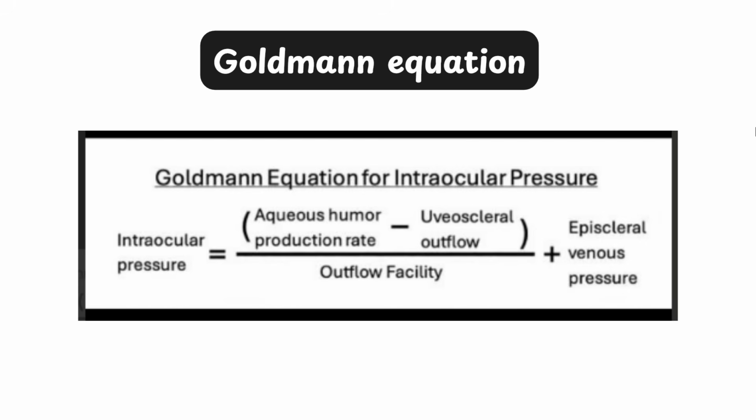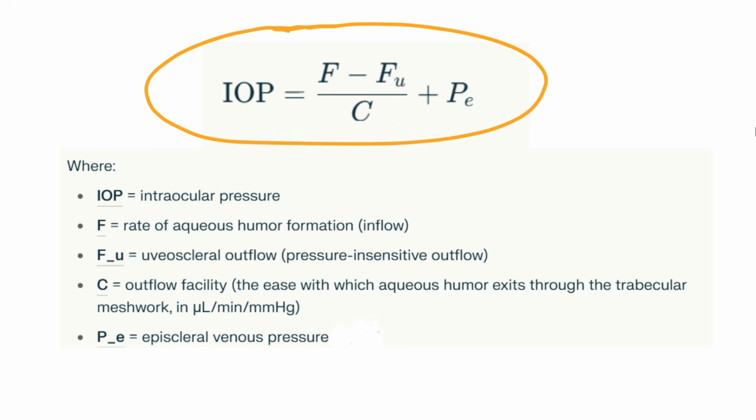Then we have another important equation, a fundamental formula used to describe the dynamics of aqueous humor in the eye and to estimate the intraocular pressure. And this is given by intraocular pressure equals aqueous humor production rate minus the uveoscleral outflow, divided by outflow facility, plus episcleral venous pressure. The outflow facility, you can equate it to the trabecular meshwork outflow.